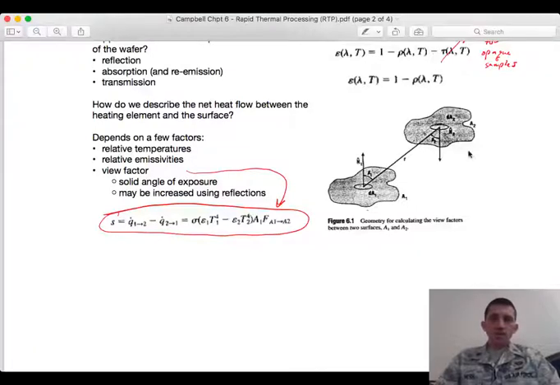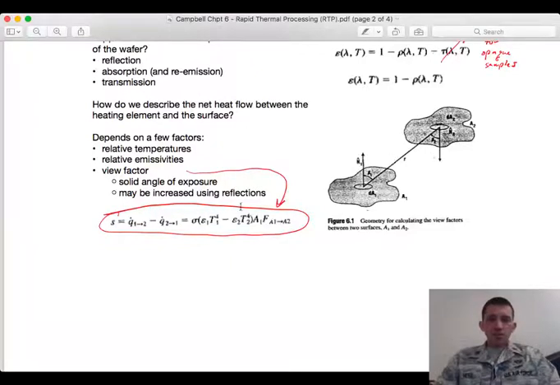And as you move to the side, the angle also reduces the area being exposed. You have this oblique exposure at higher angles.